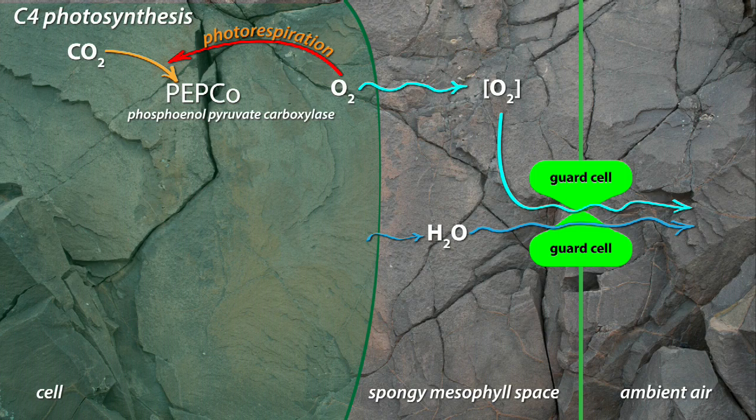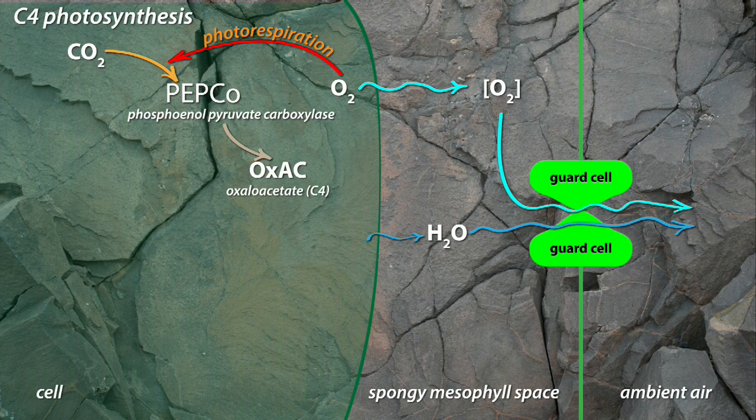Instead of CO2 being captured as 3-PGA, a 3-carbon compound that feeds directly into carbohydrate synthesis, CO2 is now captured in the form of oxaloacetate, a 4-carbon compound. This is where C4 photosynthesis gets its name.